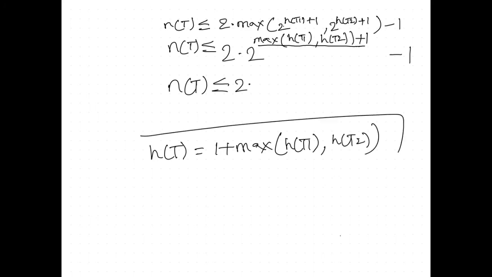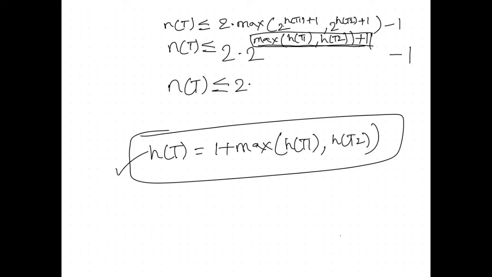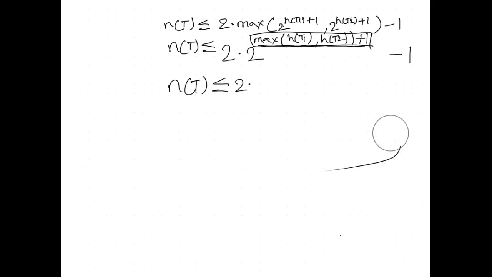Yes, we know this formula. So we will replace this particular thing with h of T. So I am just replacing it: 2 to the power of h of capital T, minus 1.